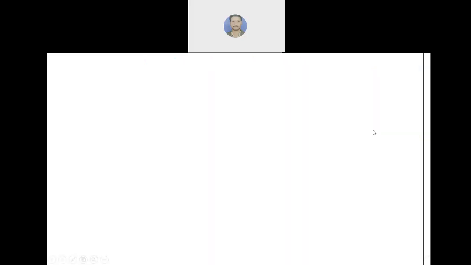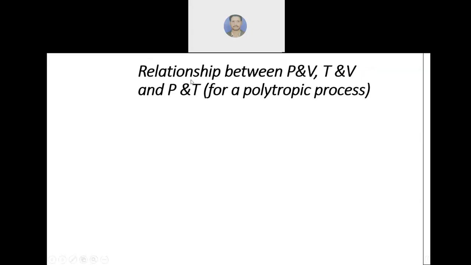Is it clear? Now, the different relationships between pressure and volume, temperature and volume, and pressure and temperature. So note down these formulas. P2 by P1 equals V1 by V2 power n at constant temperature. When temperature is constant, P into V power n equals constant.